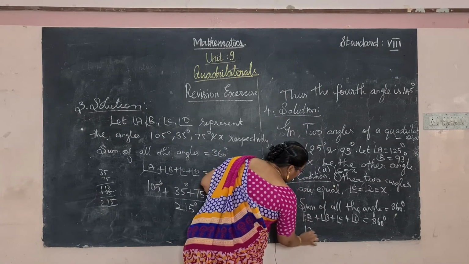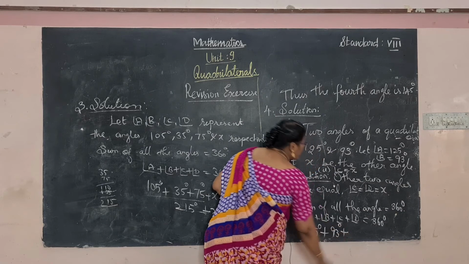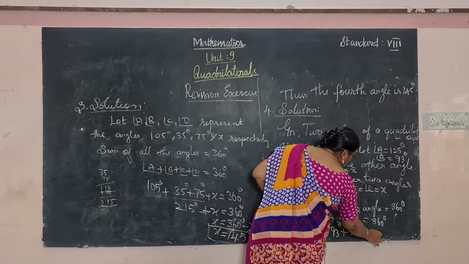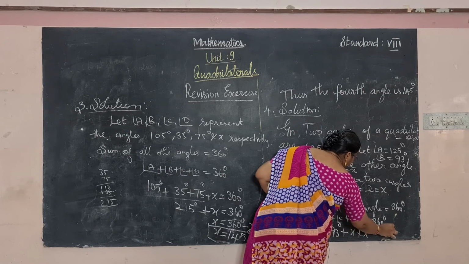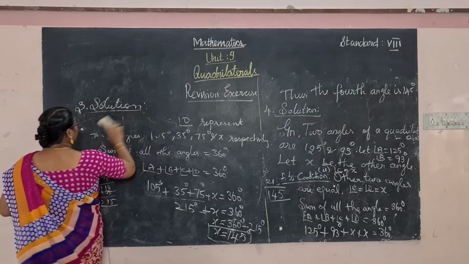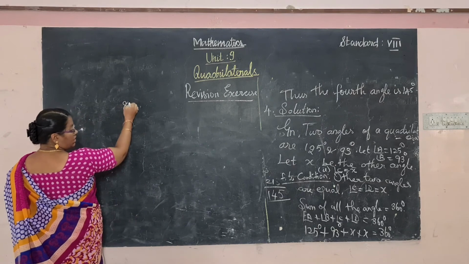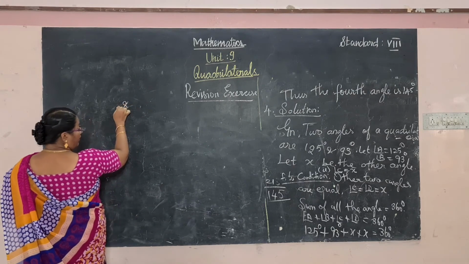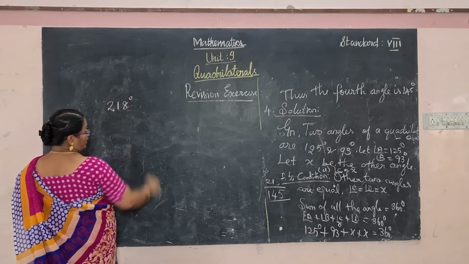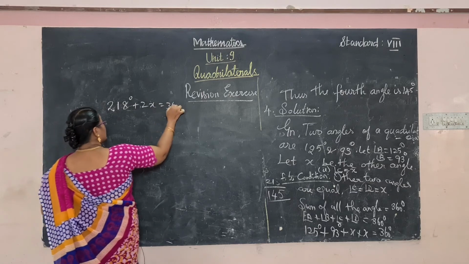Now substitute the values. Angle A value is 125 degree plus 93 degree plus angle C is x, at the same time D is also x, equals 360 degree. Add the values, so 218 degree plus 2x equal to 360 degree.